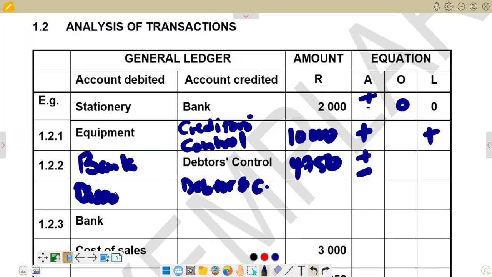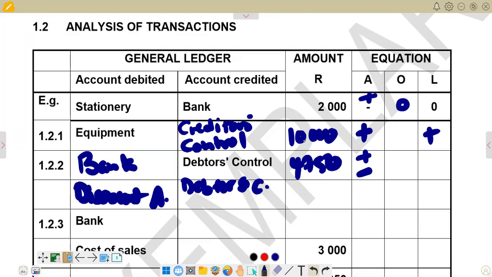Then we check the effect on the accounting equation. By debiting discount allowed, remember, discount allowed is an expense. We charge it in the income statement under less expenses, so it reduces the amount of profit that we have.